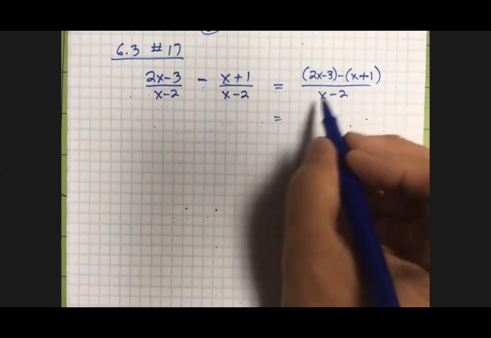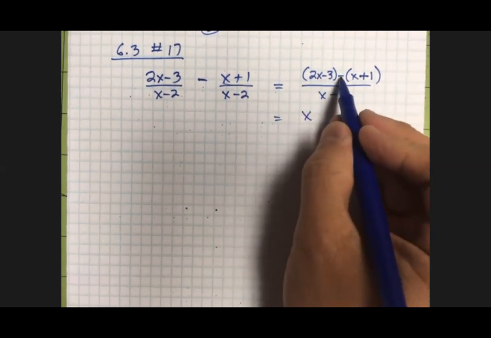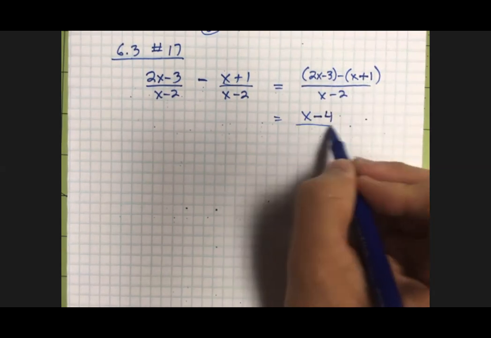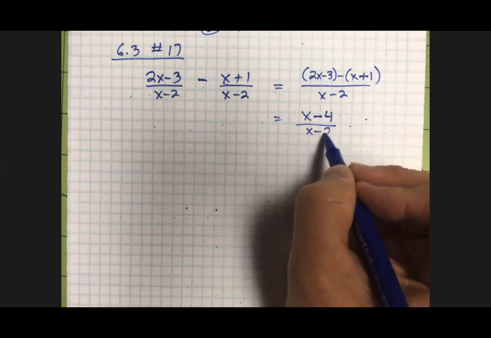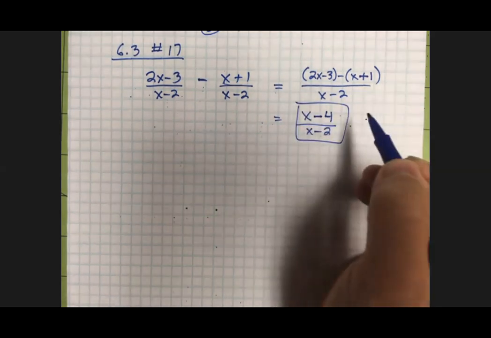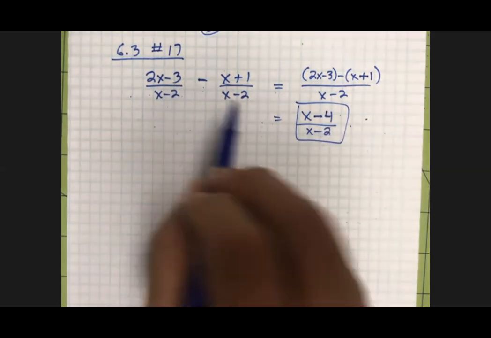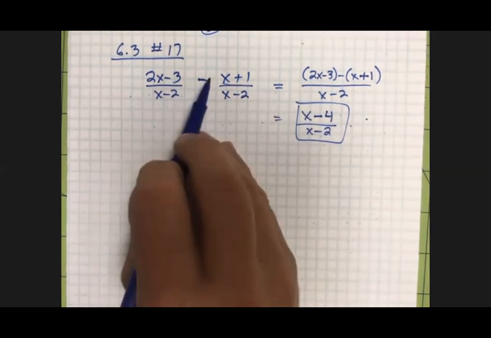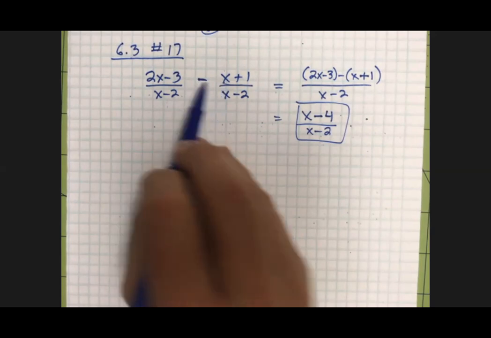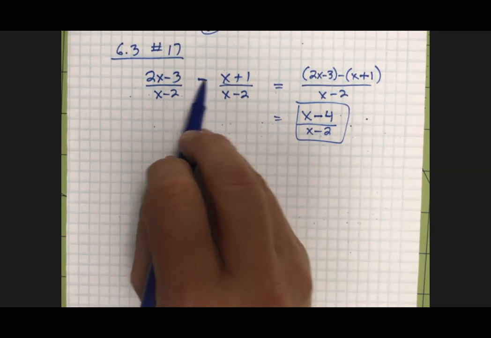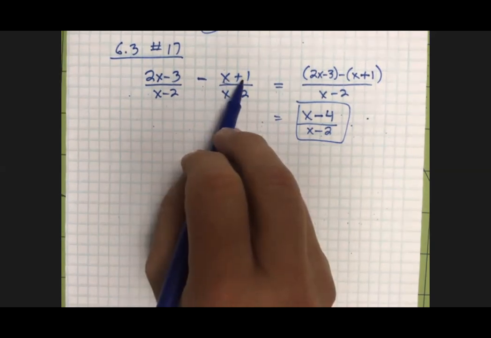2x minus x is x. Negative 3 minus positive 1 is minus 4. Now I'm done. No canceling. Do you know what he wanted you to say? He wanted you to say 2x minus x is 1x, and negative 3 plus 1 is negative 2.